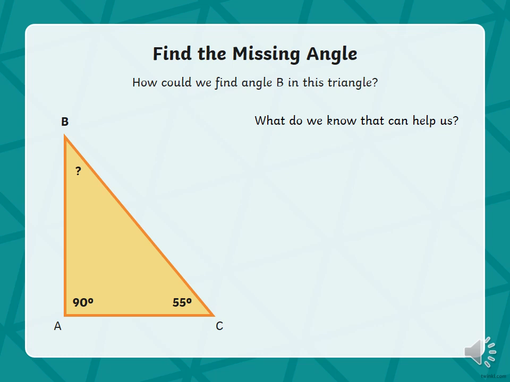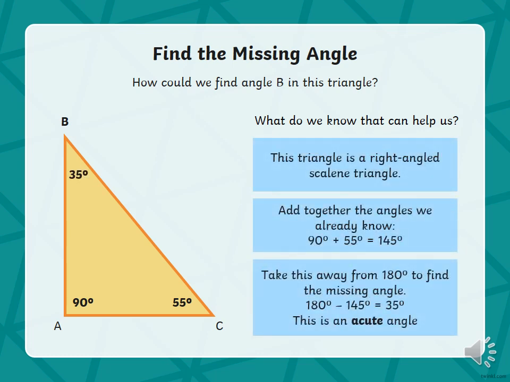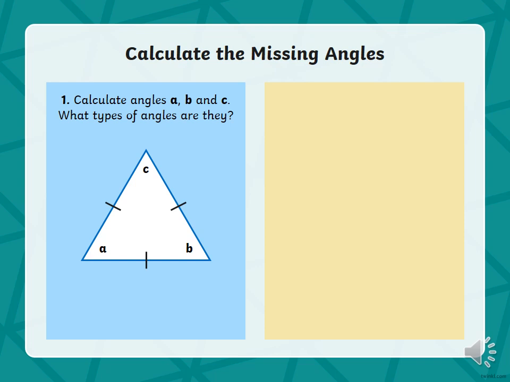So I want you to work this out. Pause the video and see if you can work this out. So read this up for me. Pause the video and read the following information. So what type of triangle is this? This is an equilateral triangle.